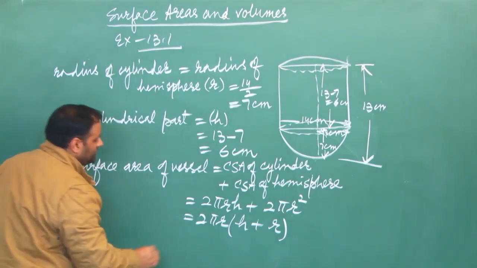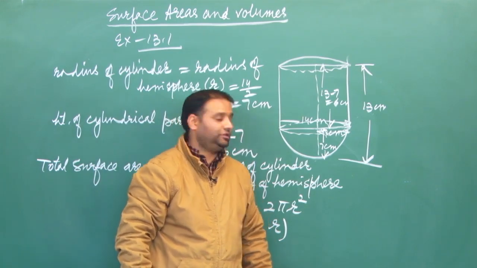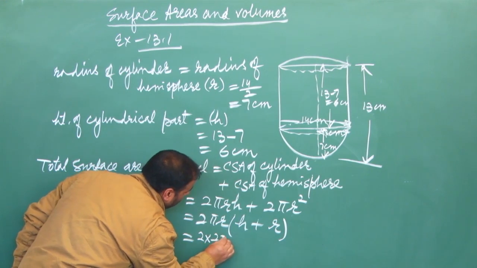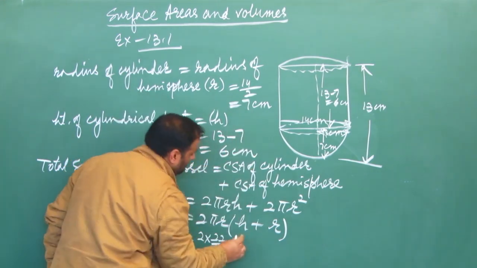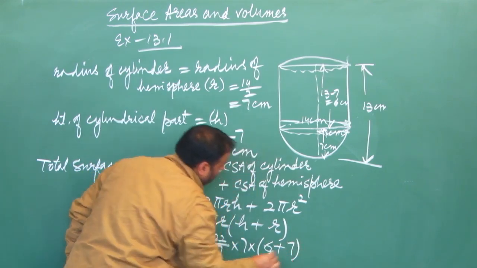When we insert values for all these parameters of radius and height, we get 2. For pi, you write 22 by 7. For radius, you write 7. For height, it is 6, and radius again 7.